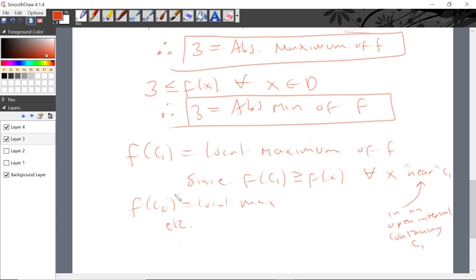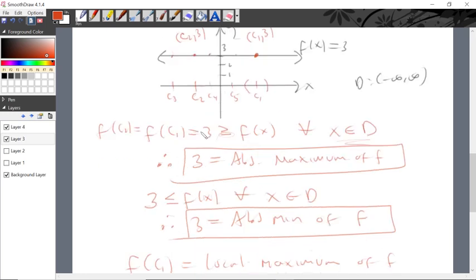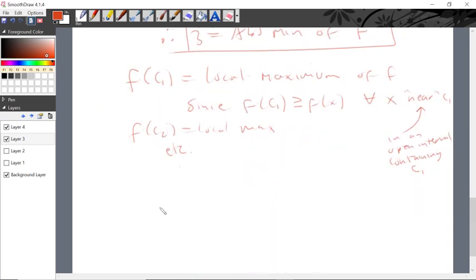This would be true for any value we choose within the domain. If I choose value here C3, another local max. If C4 is right here, another local max. C5, another local max. So there's an infinite amount of local maxima.